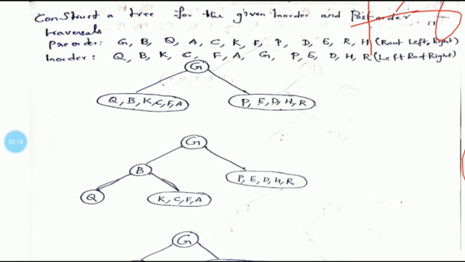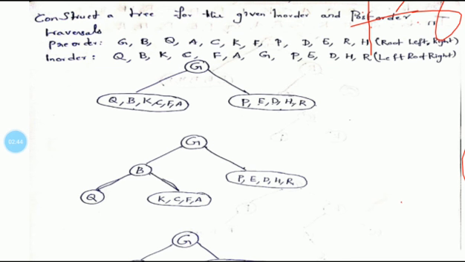So by looking at the in-order sequence, we cannot determine the root node, but that information can be obtained from the pre-order sequence, because pre-order means root, left, right. So the first element in the entire sequence can be considered the root node of the original tree.